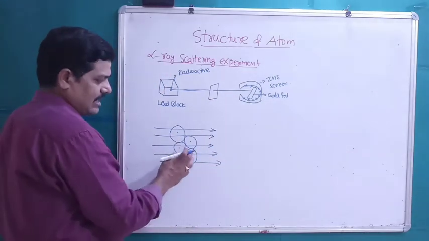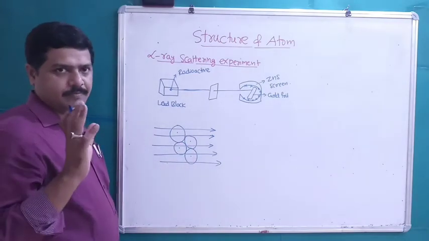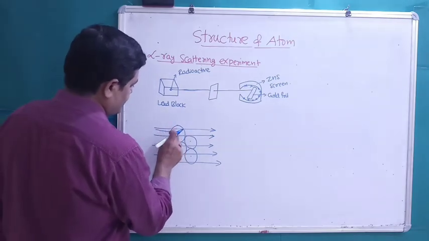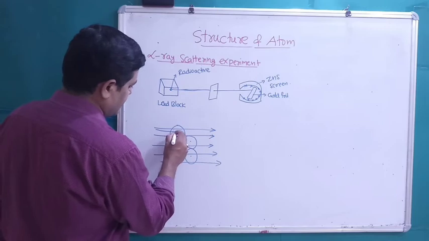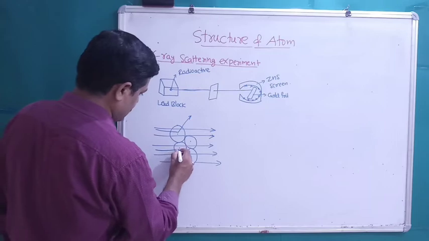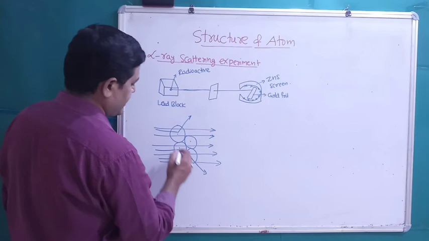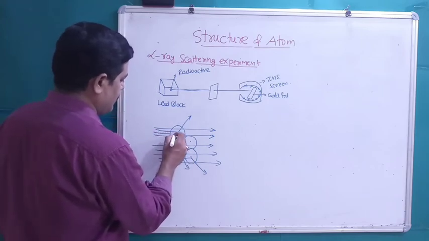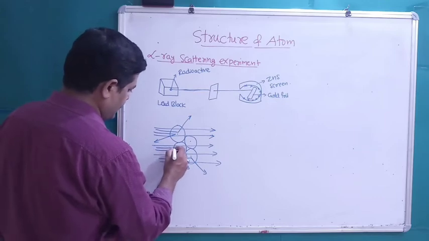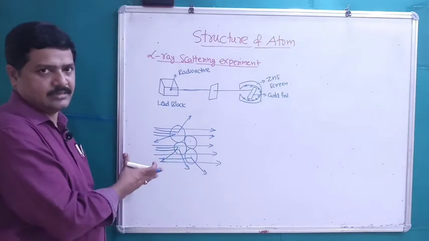The conclusion is that most of the atom is empty, and some particles are deflected with slight angles. Very few particles, which are coming in the line of the center, bounce back at almost a 180-degree angle.